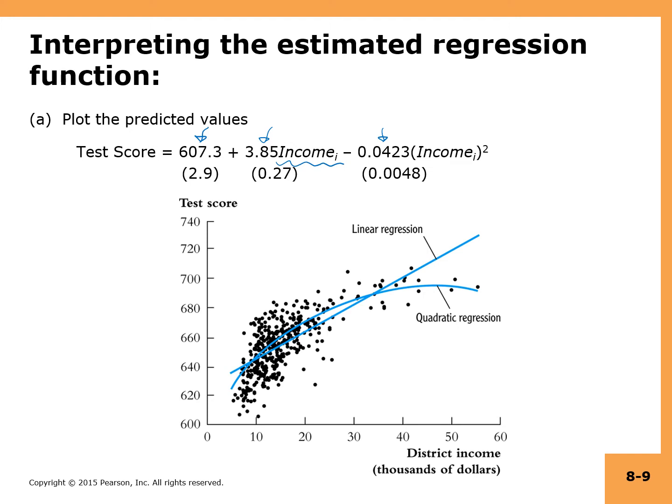So the way to approach this is first you plot the data and see how it looks. In this graph, we're plotting both the linear regression model and the quadratic regression model that we just estimated. And just by looking at it, it looks like the quadratic regression model is doing a better job fitting the data points than the linear regression model.